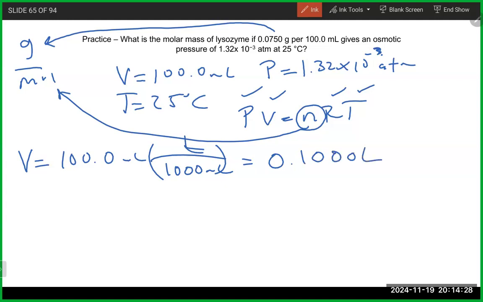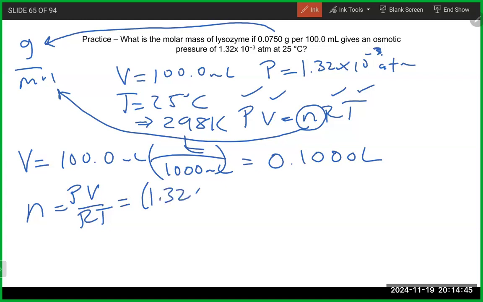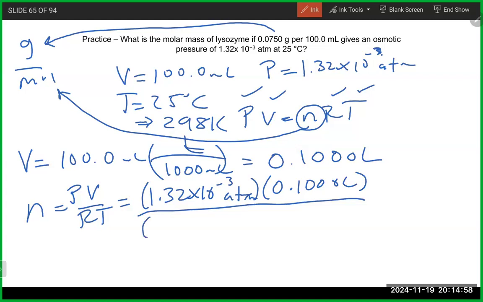Our pressure is good in atmospheres. We will convert the temperature to Kelvin by adding 273 to give us 298. Once again we solve for n, which is PV over RT. Pressure is 1.32 times 10 to the minus 3 atmospheres. Our volume needs to be in liters because this is the ideal gas law. Our R here.